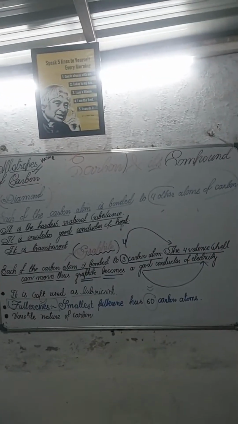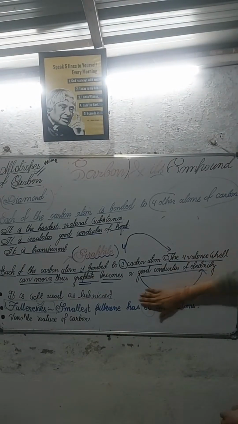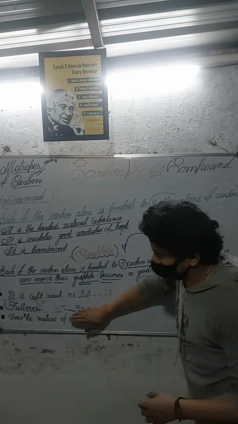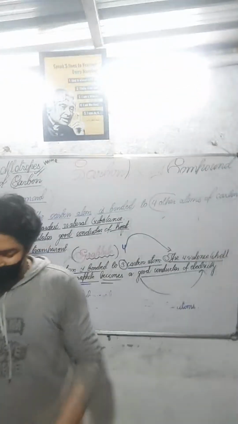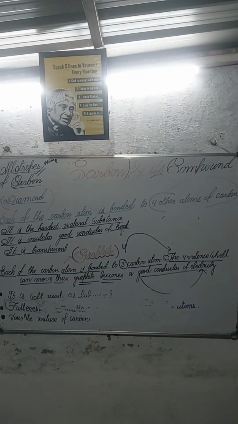So look at the right side of yours. How many carbons are in fullerene? Sir, 60 carbons. Hardest substance on earth, we can say. Sir, diamond. Why is that?